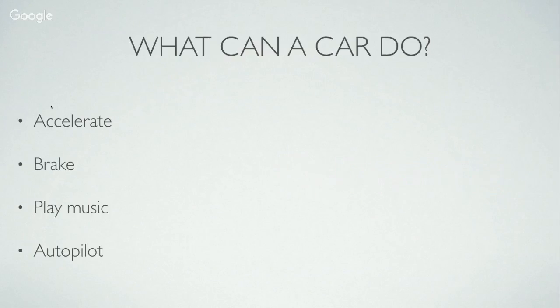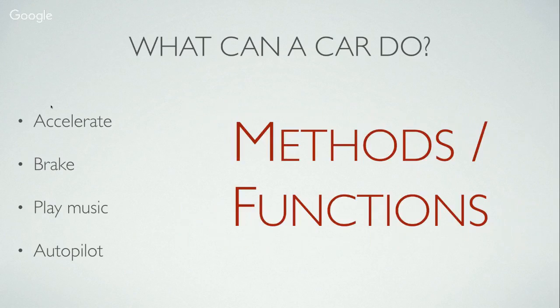And then let's also have a look at what a car can actually do. So a car can accelerate, it can brake, it can play music, or for example, now cars like Tesla have autopilot. And these are all functions or methods of a car.